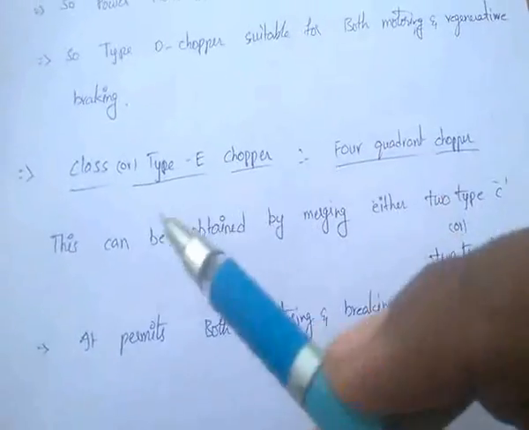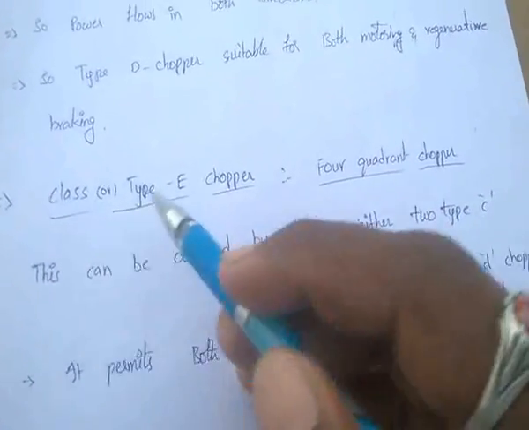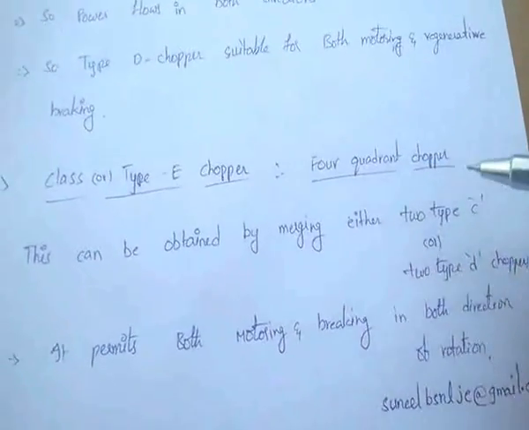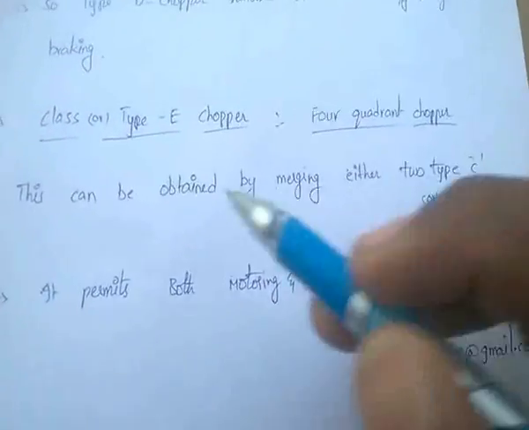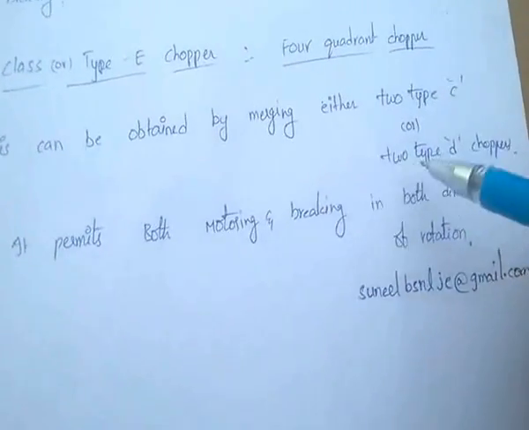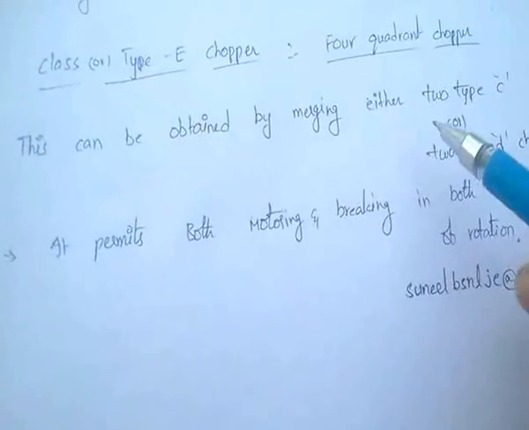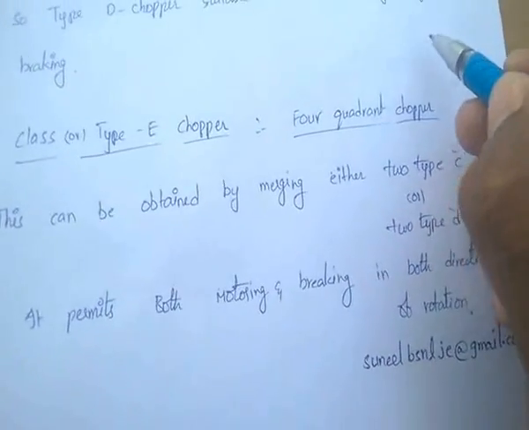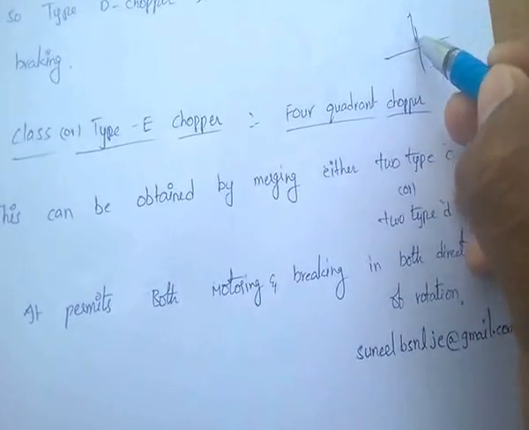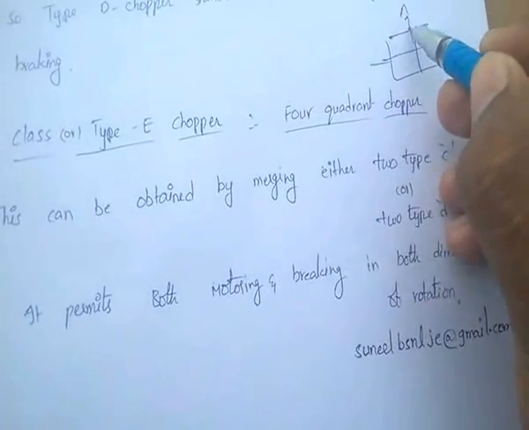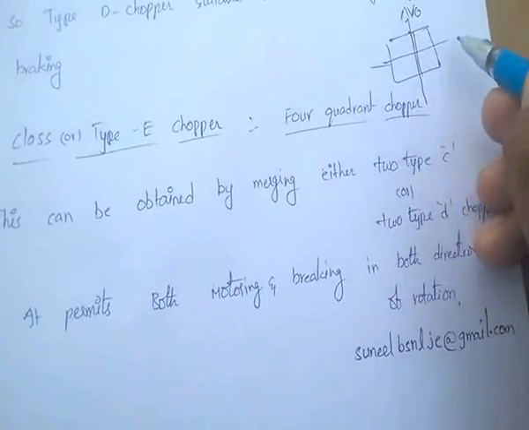Next, coming to class E or type E choppers. This is nothing but the four quadrant chopper. This can be obtained by merging either two type C or two type D choppers. That is nothing but four quadrant, with V0 and I0.